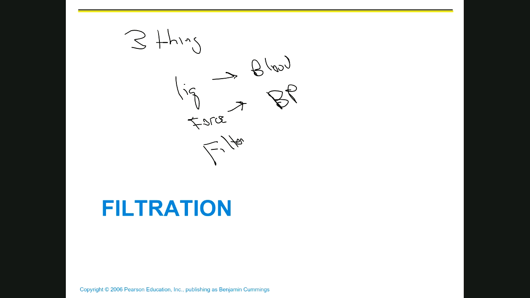Well, when you make coffee, the filter could be a paper filter, it could be a metal filter, something like that. But here, the filter is those glomerular capillaries in Bowman's capsule. And so that's what we're going to see in just a second.